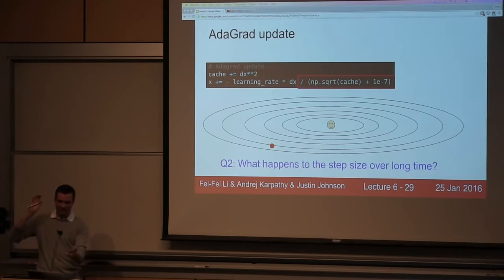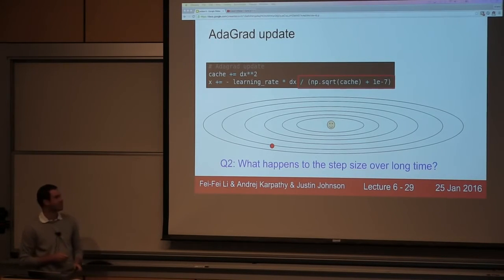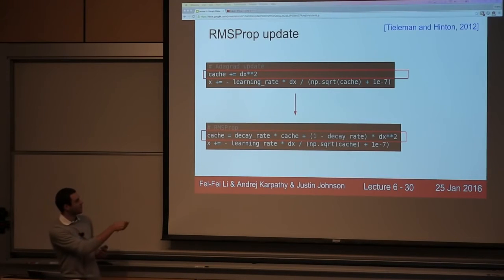But in a neural network, this stuff is kind of like shuffling around and it's trying to fit your data, and that's a better way to think of it. And so this thing needs continuous kind of energy to fit your data. And so you don't want it to just decay to a halt. So there's a very simple change to Adagrad that was proposed by Jeff Hinton recently. And the idea here is that instead of keeping just the sum of squares in every single dimension, we make that counter a leaky counter.